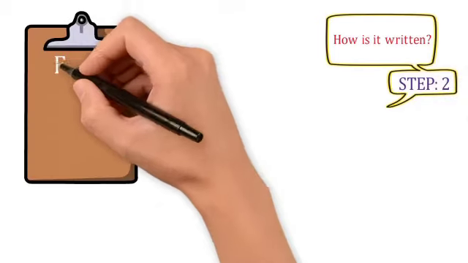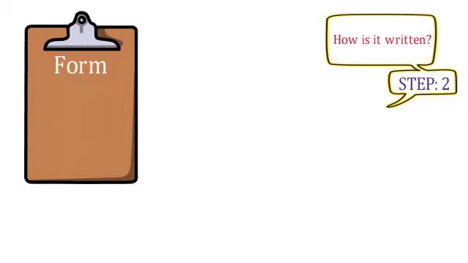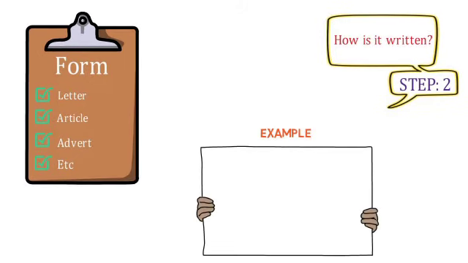Choose the medium of persuasive writing. Decide, do you want to write a persuasive letter, an article? Would you like to make an advertisement or some other form of persuasive writing? Here I want to make a poster to help me spread the message of saving water.